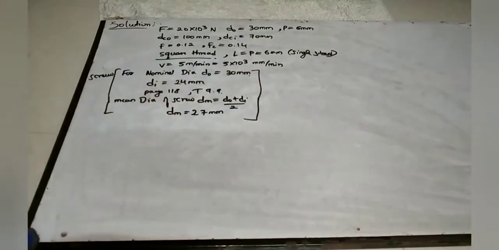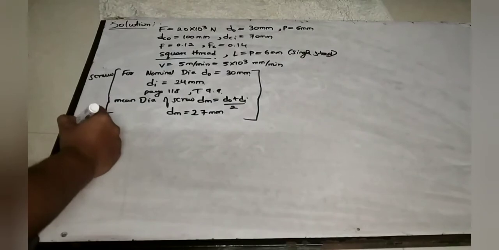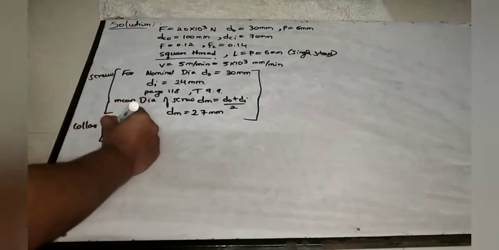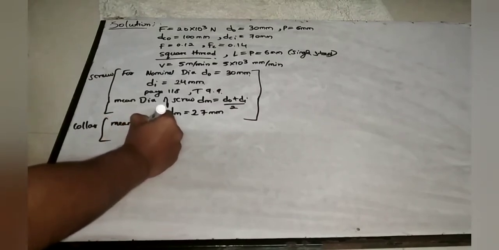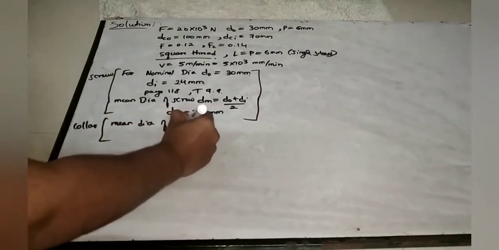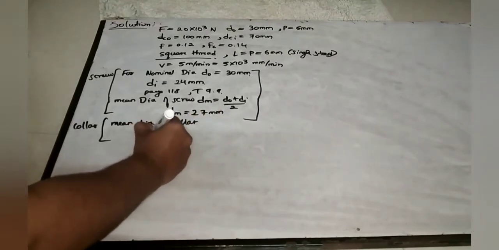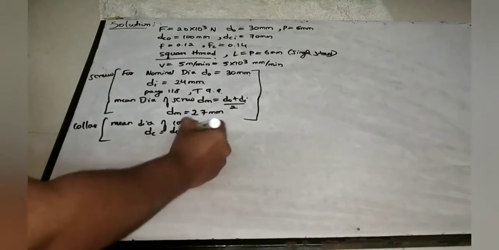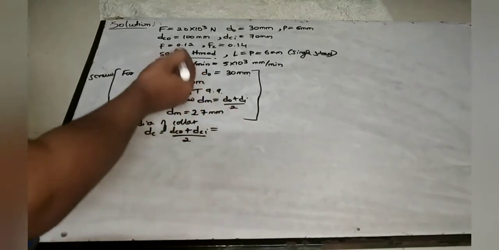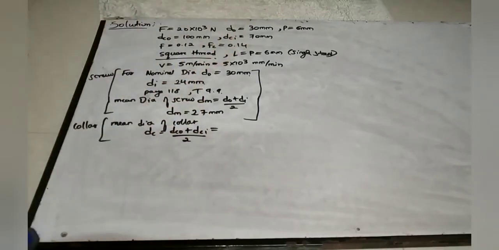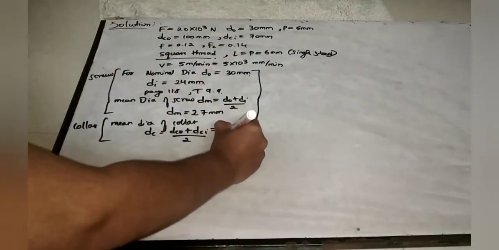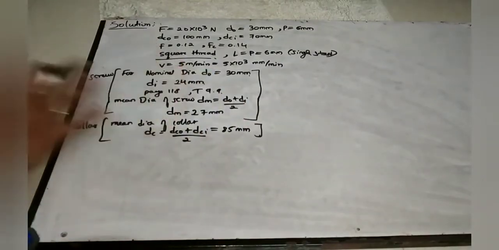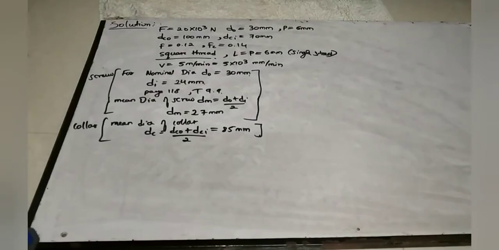Now for the collar, the mean diameter of the collar DC is equal to the outer plus inner collar diameter upon 2. This is directly given, so 170 divided by 2, so 85 mm. Fine. Once you have got this data, it is very easy.